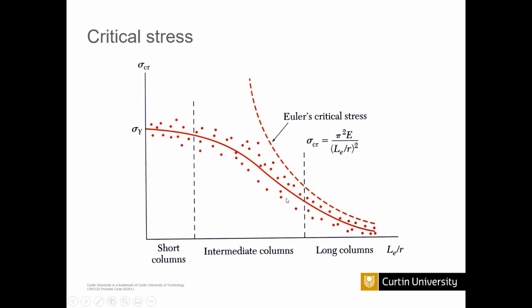You can see the intermediate columns obey it to some extent, but deviate after that. For shorter columns you can't use the Euler formula. Shorter columns normally fail by compressive yielding, so they have a sigma y. They will not buckle. That's the meaning here. So the Euler formula can be applied to long columns and, to some extent, intermediate columns. This is the explanation here.